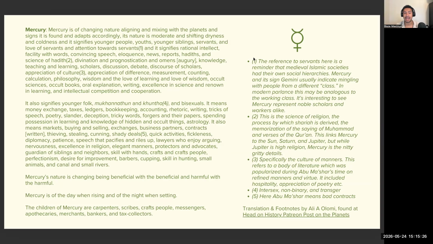It's means of money exchange, taxes, ledgers, bookkeeping, accounting, rhetoric, writing, the tricks of speech, poetry, but also slander, deception, tricky words, forgers and their papers, spending possessions in learning and knowledge of hidden and occult things. It's also important to spend your money to learn and study things. But also astrology, very explicitly.